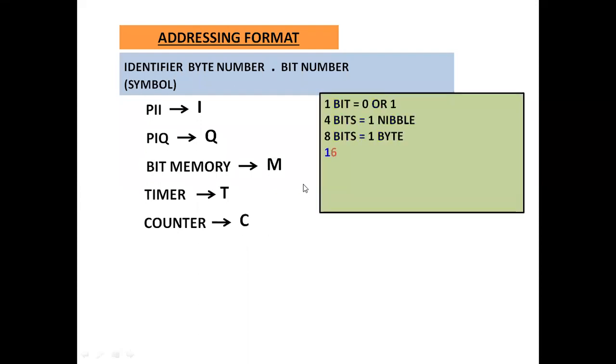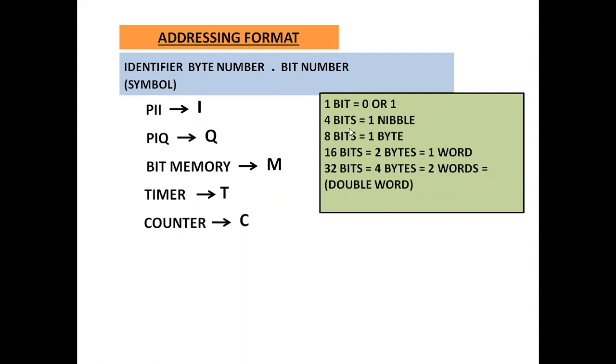Okay. So here, if you remember this concept, one bit is equal to 0 or 1. The status of one bit can be 0 or 1. If I take a group of 4 bits, it's called one nibble. If I group these bits in a group of 8 bits, that is 1 byte.